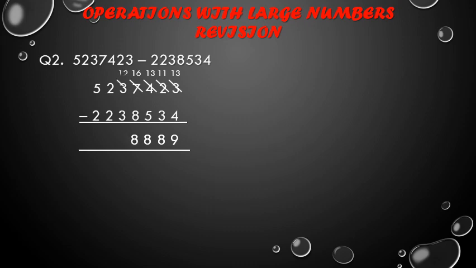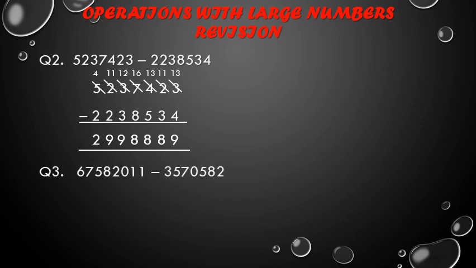At 10,000 place 12 minus 3 is equal to 9. At lakh place 11 minus 2 is equal to 9. And at 10 lakh place 4 minus 2 is equal to 2. So our answer is 2998889.